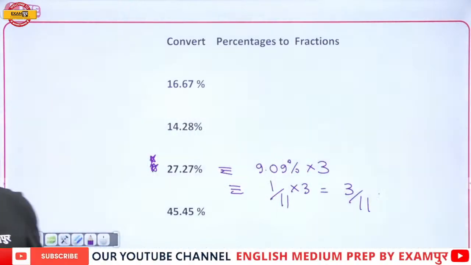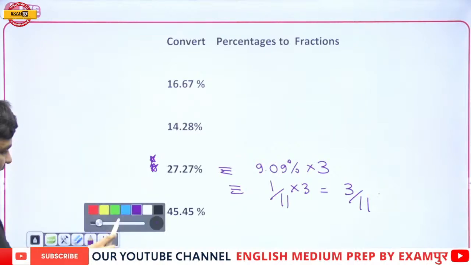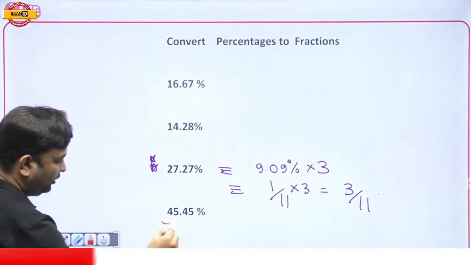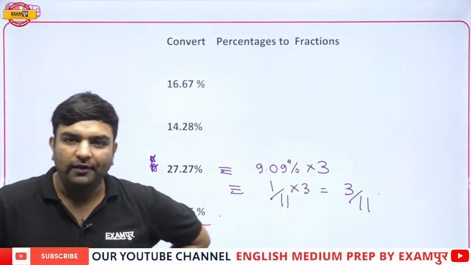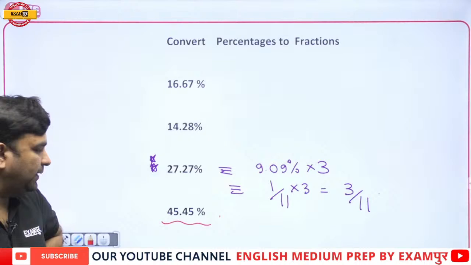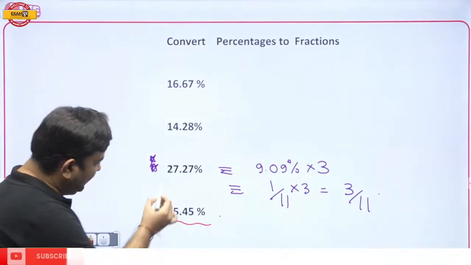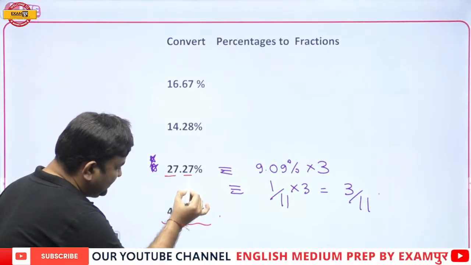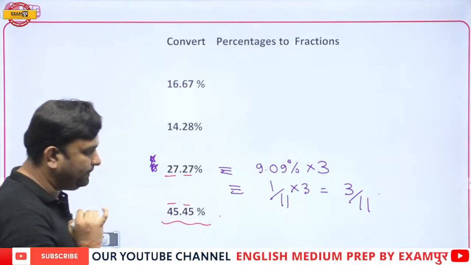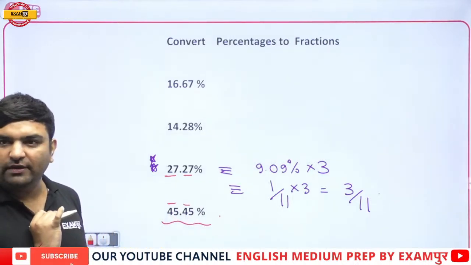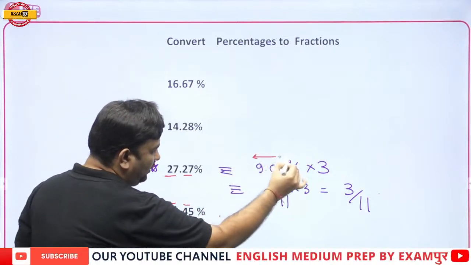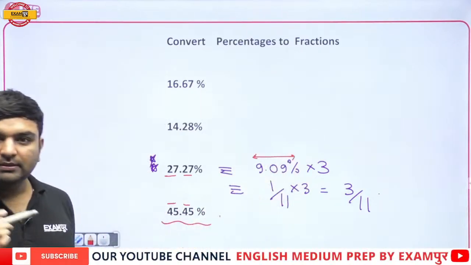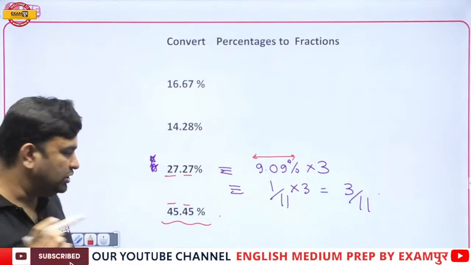Now, try to identify this 45.45%. Repetition: 2727, 4545. Definitely a multiple of 9.09.